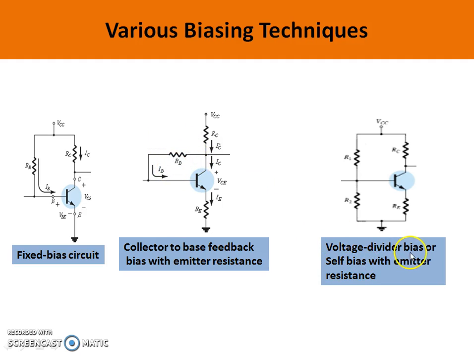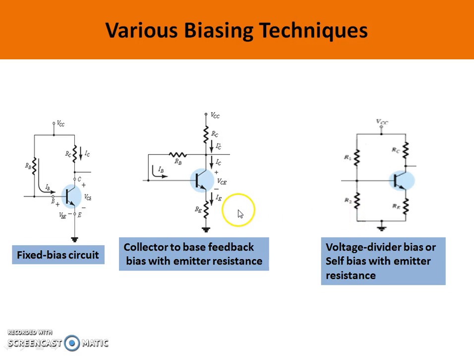whereas in voltage divider bias or self bias, the base is provided a bias using voltage divider network R1 and R2 by deriving voltage across R2.